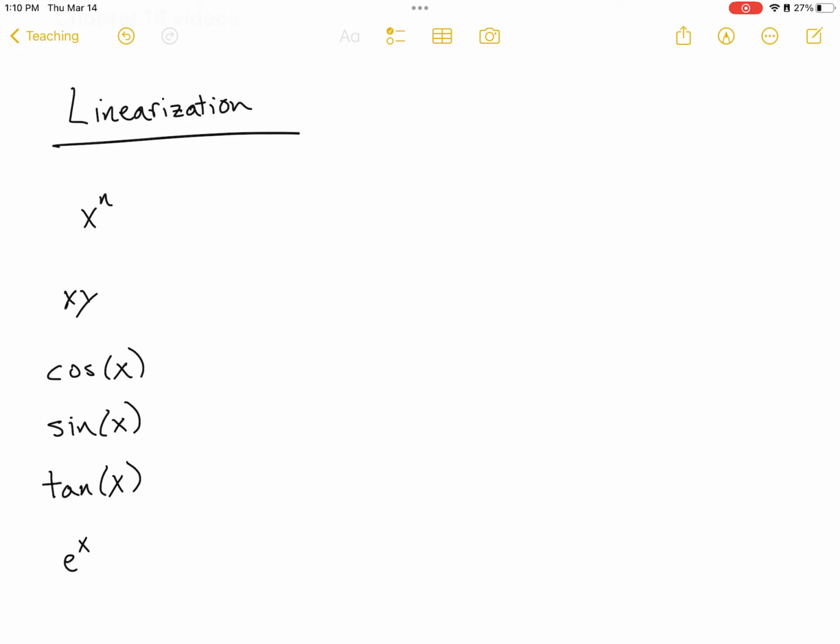And so with any one of these functions, if we say that x is small, then we're able to approximate what this function is when x is small. And our approximations are going to be useful under certain conditions. So for example, with x to the n, if you take a small number and you square it, you get an even smaller number.